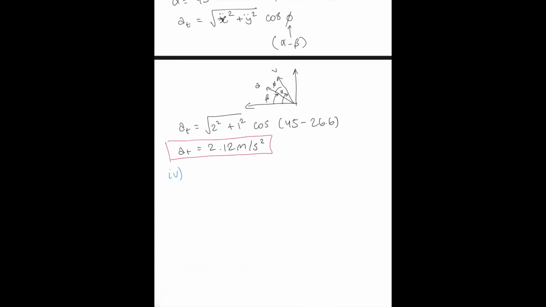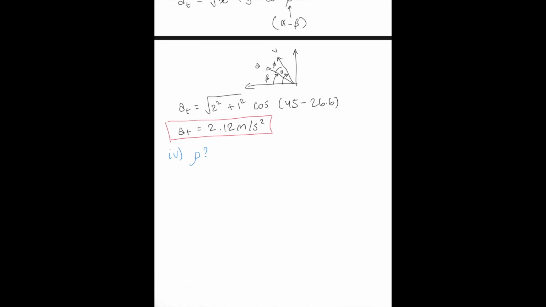Now for part 4, we want to find out the radius of curvature. To find that out, we first need to know the normal acceleration, which is equal to v squared over rho. This can be expressed as the square root of x double dot squared plus y double dot squared, times sine phi, or alpha minus beta.